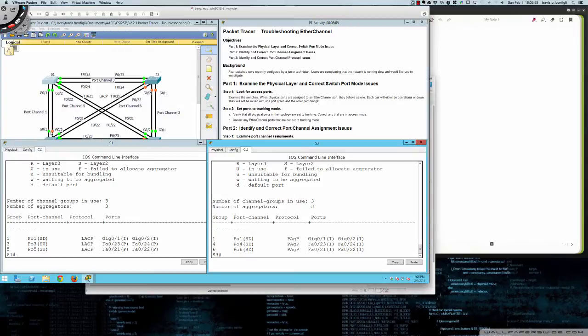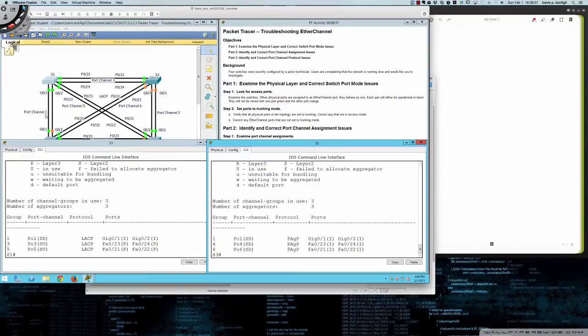If Gig 0/1 and 0/2 are supposed to be configured in an EtherChannel, or we'll say port channel, a real quick point of order: you're going to hear a lot of terms in the industry. You're going to hear LAG, which stands for Link Aggregation Group, and that is not exclusively, but predominantly, a Juniper term. You're going to hear EtherChannel, port channel, aggregation group, bonded channel.